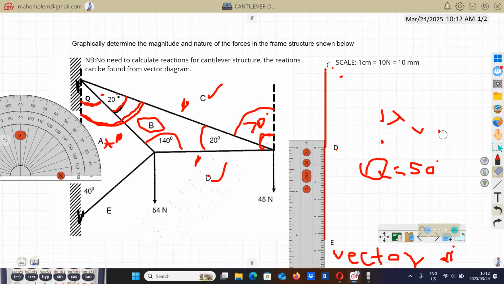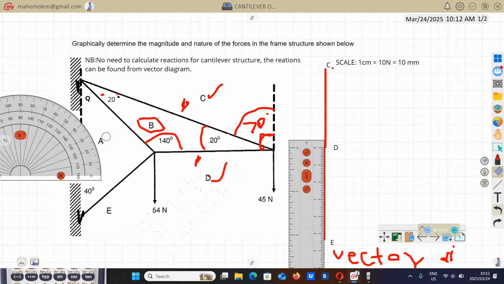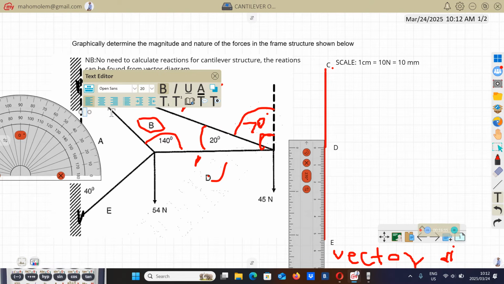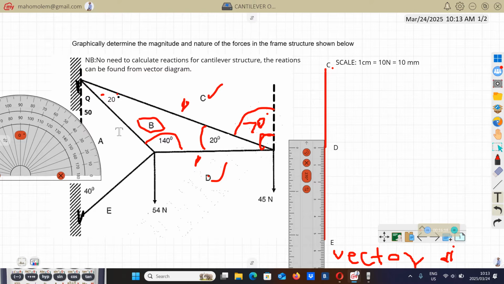I'm going to use this space to draw my vector diagram. So let me remove this thing here. This angle here, angle Q, would be equal to 50 degrees. Good.